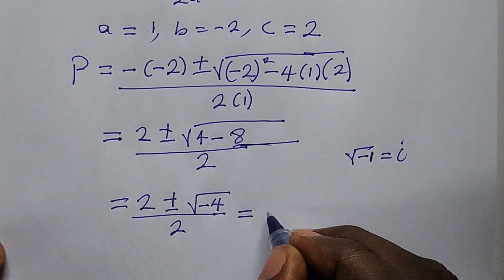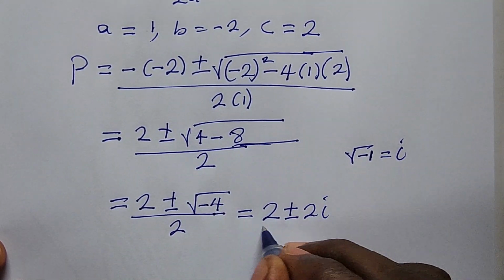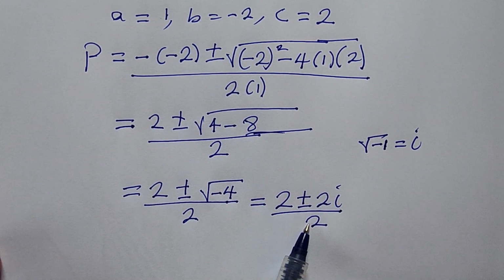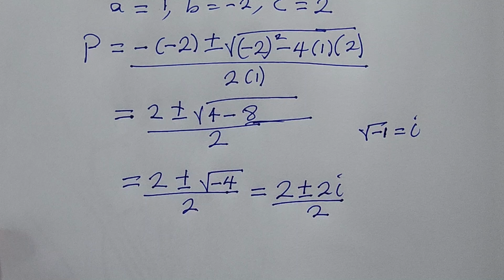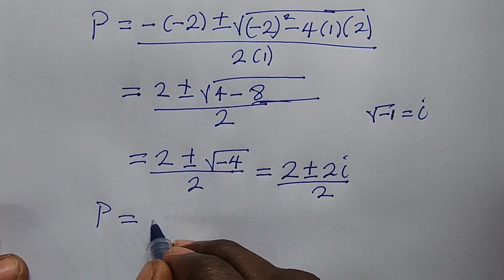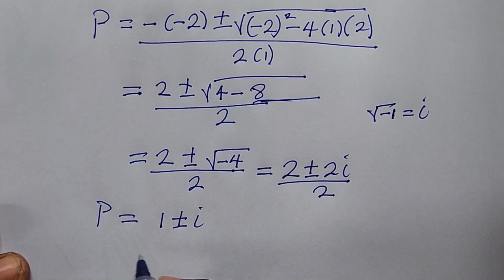So this is same thing as 2 plus minus 2 iota all over 2. So if we factor out 2 from here, the 2 cancels out. We are left with 1. So our P automatically is going to give us 1 plus minus iota.